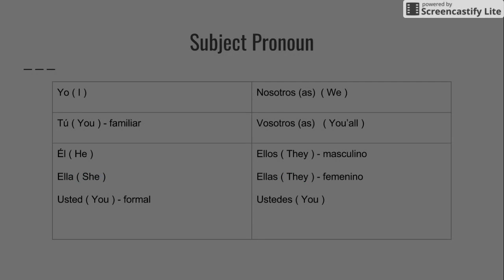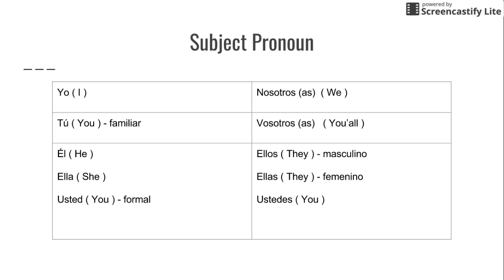So in English, the subject pronouns are I, you, he, she, we, you all, and they. In Spanish, the subject pronouns are the same.